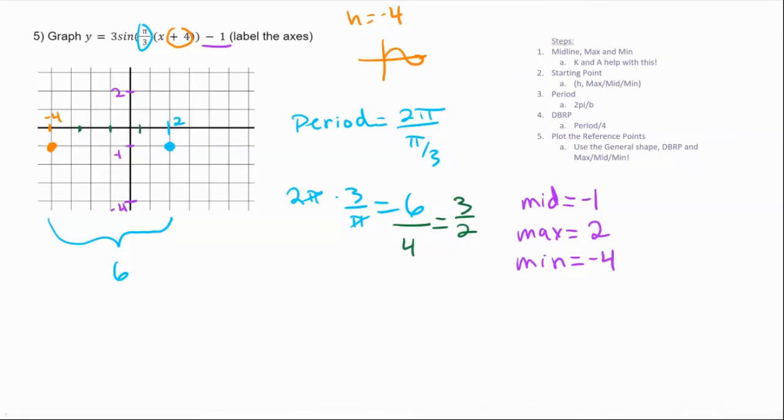And then if I go back to my general shape, I know that if it's a positive sine, it starts at the midline, goes to the maximum, back to the midline, minimum, and then back to the midline. So in this one here, it's going to do that. Looks like this one's pretty stretched out here.